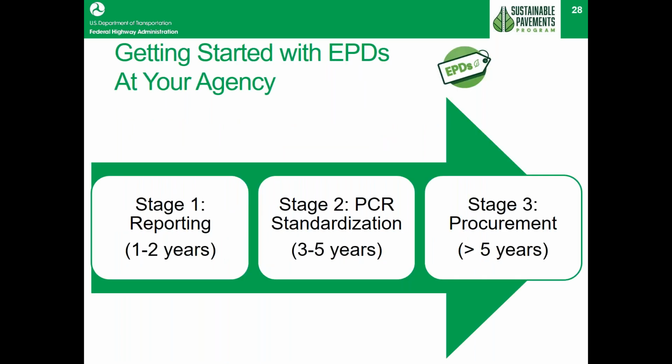So if you're wanting to get started, the question is, as an agency, where might you begin? And I think this is an interesting approach, and not necessarily one that I would have thought of initially. But the first is to get entities to really start reporting.